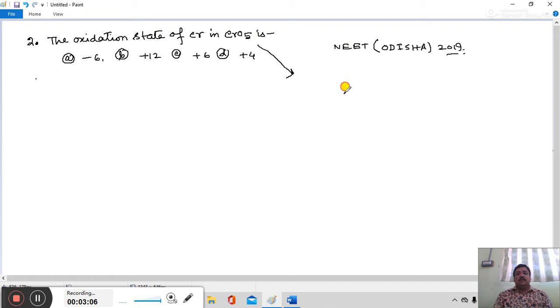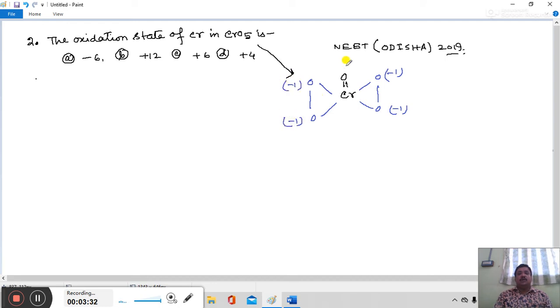In CrO5 there are two peroxo bonds, and we know in a peroxo bond oxygen has oxidation number -1. In this picture, the blue color oxygen is the peroxo bond oxygen having oxidation number -1, but the oxygen atom in the double bond is normal oxygen having oxidation number -2.